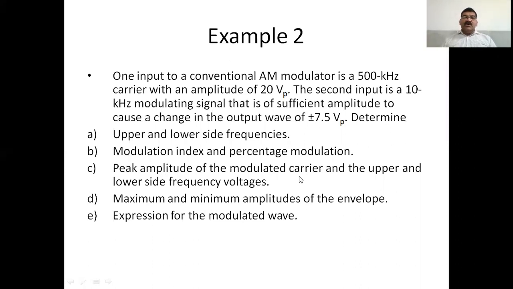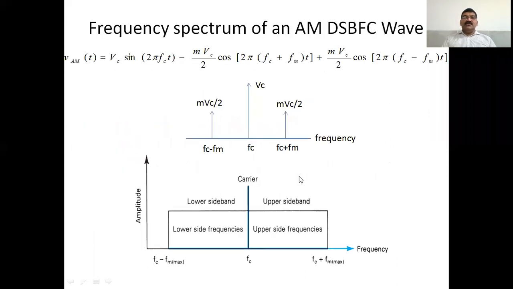And the upper and lower sideband voltages. Now, just now we have seen this formula. This is the carrier. They want the peak of the modulated. Before going to modulated, first we'll go for the sideband.